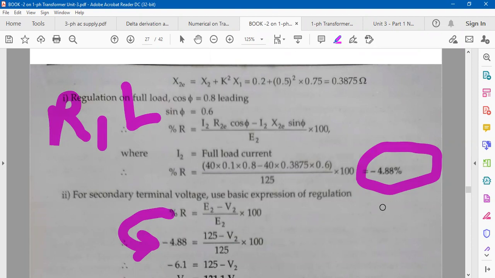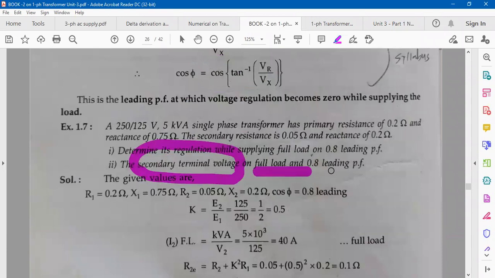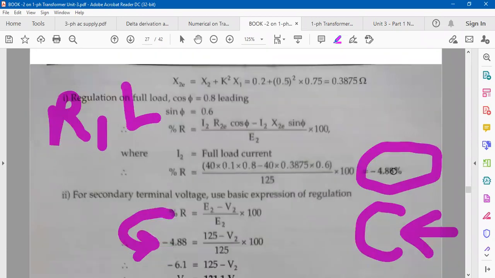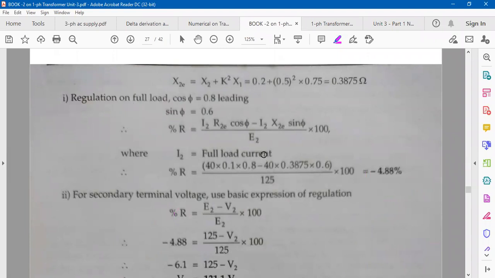In the direct loading method I told you. And for a capacitive type of load, voltage regulation is negative. And if it is a capacitive type of load, it means the nature of the power factor is leading, isn't it? So see here, it is given to you 0.8 leading power factor, and that's why you got negative voltage regulation, isn't it? Okay. So when to use plus and when to use minus, that I told you.